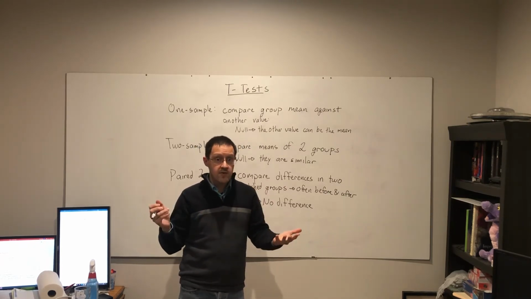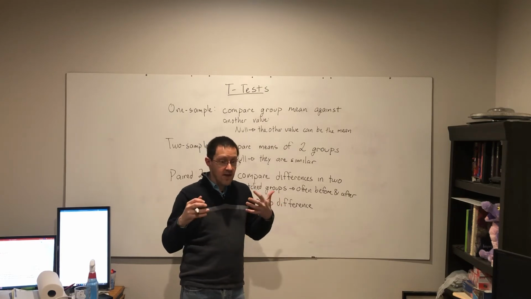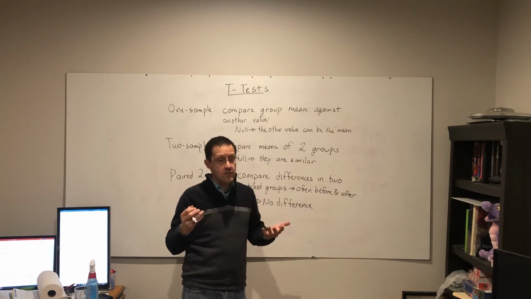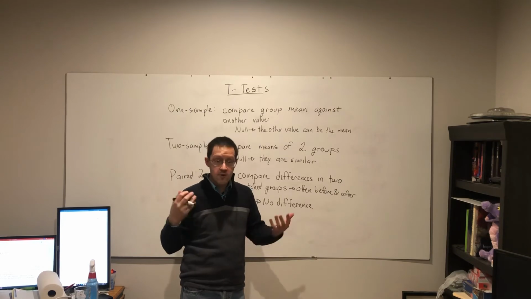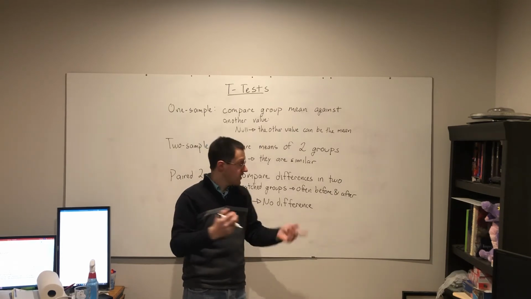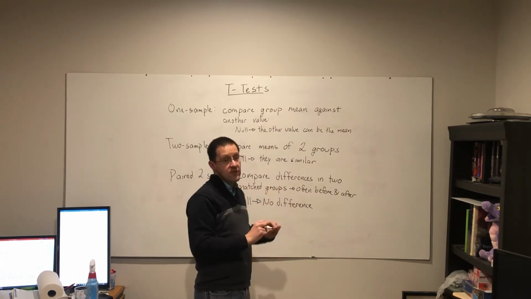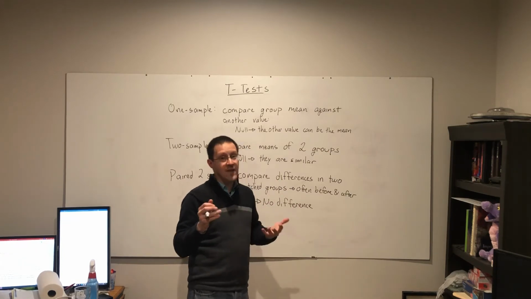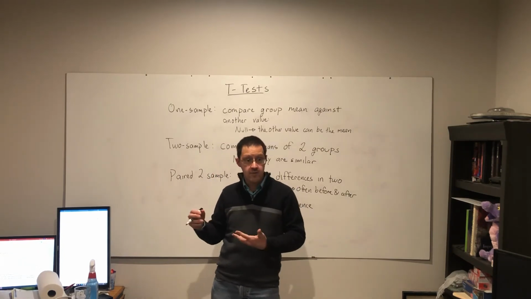In a paired t-test, it is really superficially similar to the two sample. You're going to be working with two sets of numbers. But then, can you match them up? Most of the time, this comes in the form of a before and after.